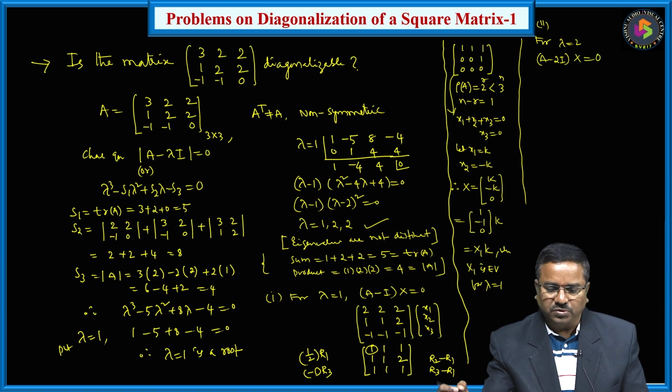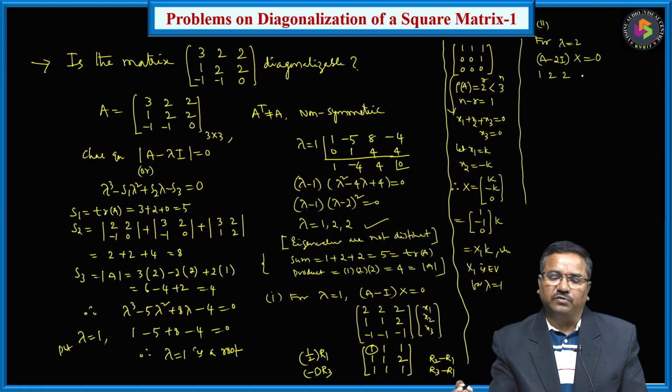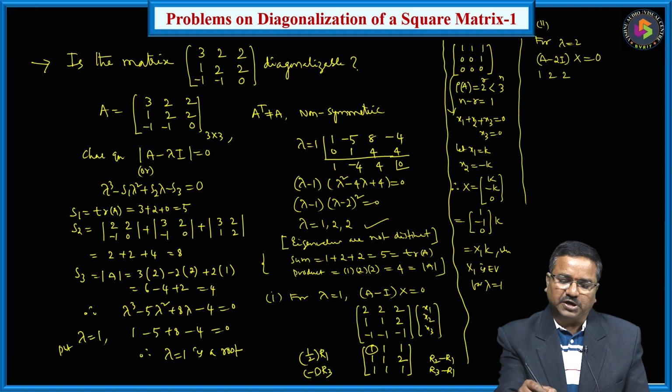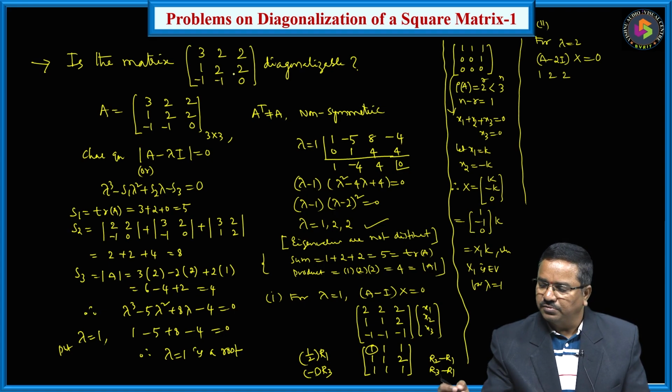Subtract 2 from the diagonal, so we will get 1, 2, 2, the non-diagonals we write the same. So, only subtract 2 from diagonal, remaining are the same. 1, 2 minus 2 is 0, minus 1, minus 1, this is the minus 2. Yeah, here we will write x equals 0. Okay.